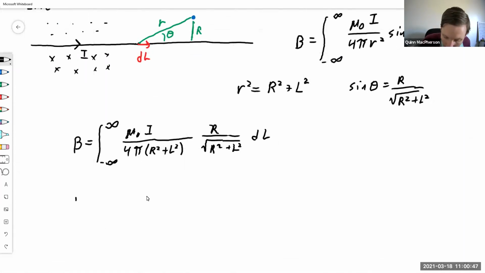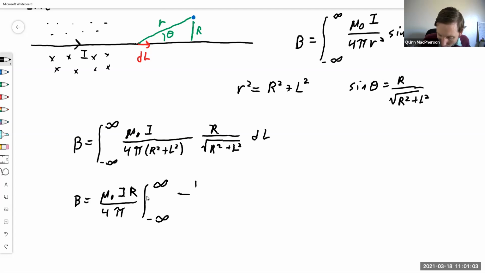Simplify that. We can bring all the constants out front: B is equal to mu naught I R over 4 pi, the integral from minus infinity to infinity of 1 over R squared plus L squared to the 3/2 dL.